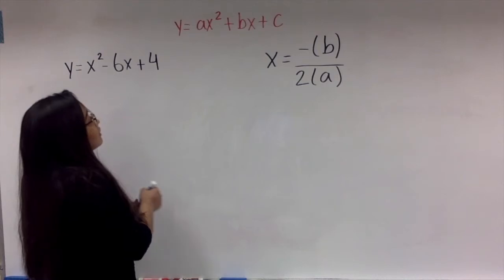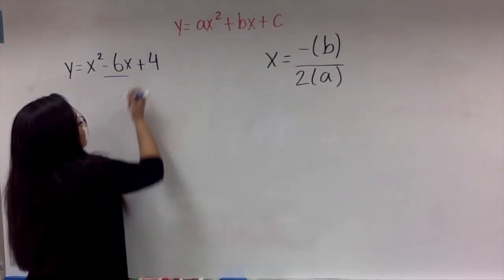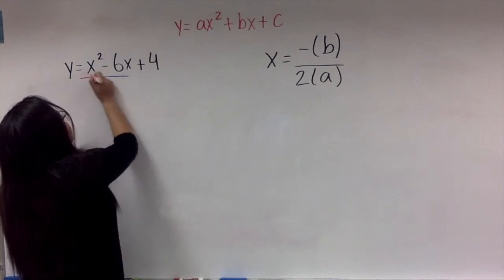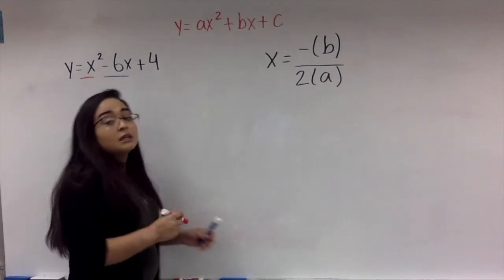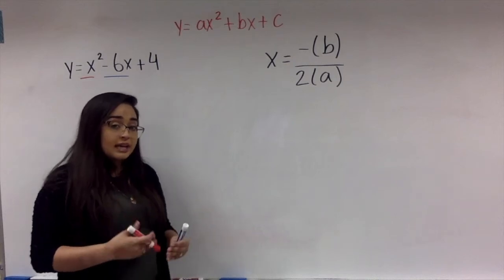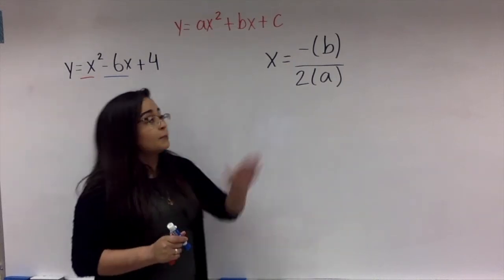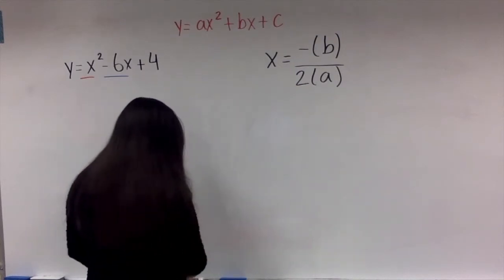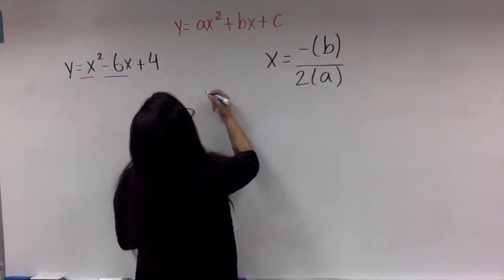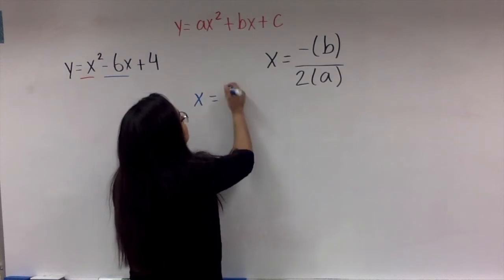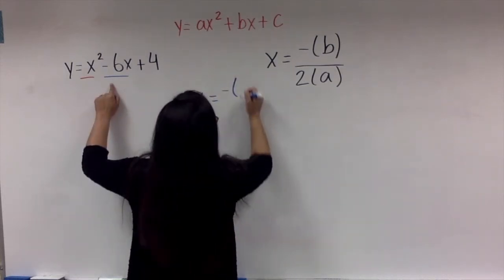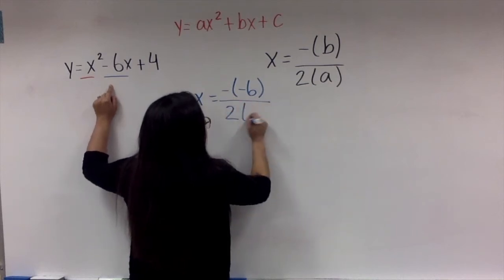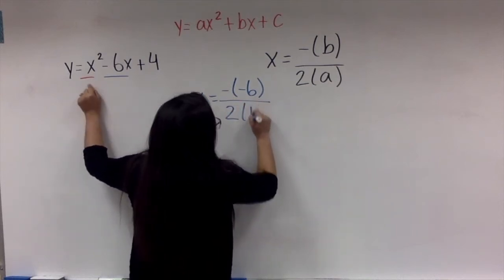For this specific example, our b would be negative 6 and our a would be 1. We are just going to take our a and our b and plug it into this formula. So x equals negative times b, we're plugging in negative 6, divided by 2 times 1.